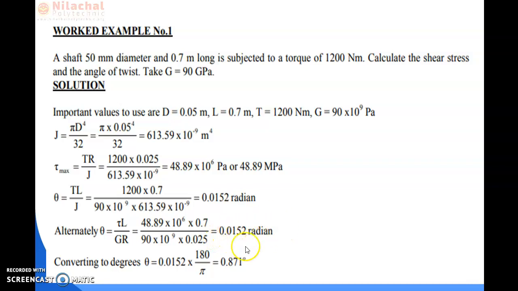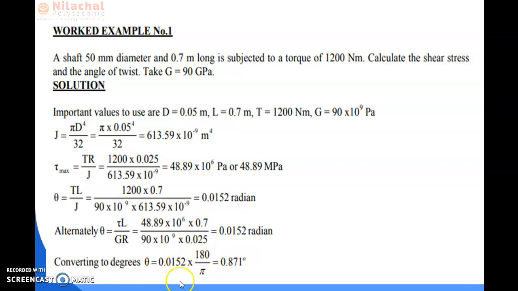Hence, the value of theta is 0.0152 radian. So always remember, the value of theta from the equation comes out in terms of radian. Then we have to convert the theta value into degree. We know that 1 radian is equal to 180 by pi degree. Hence 0.0152 radian is equal to 0.0152 into 180 by pi degree.